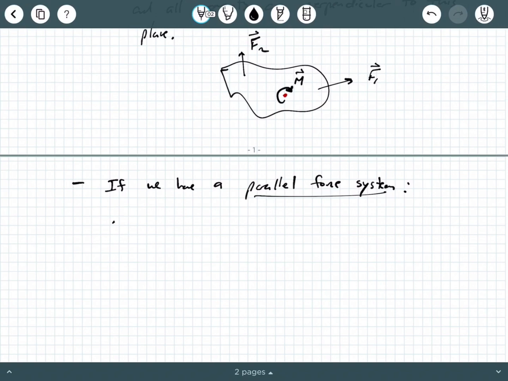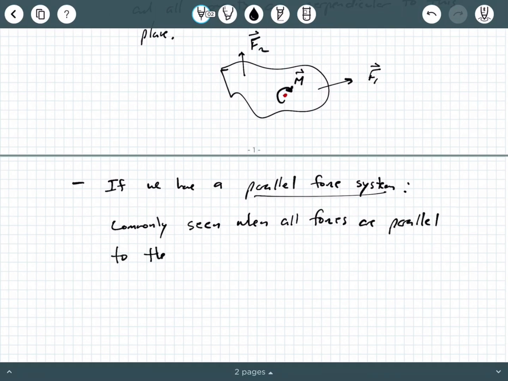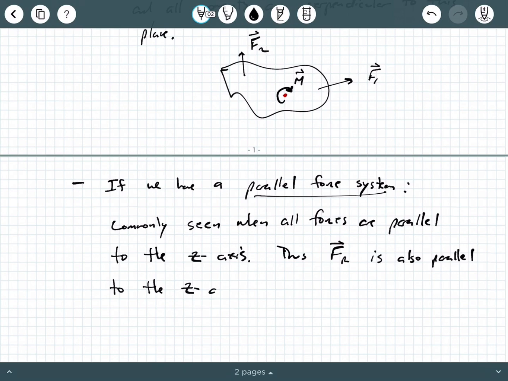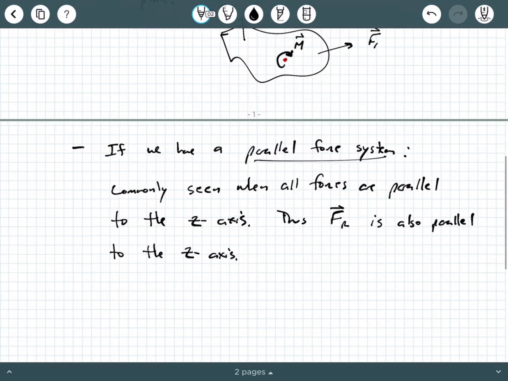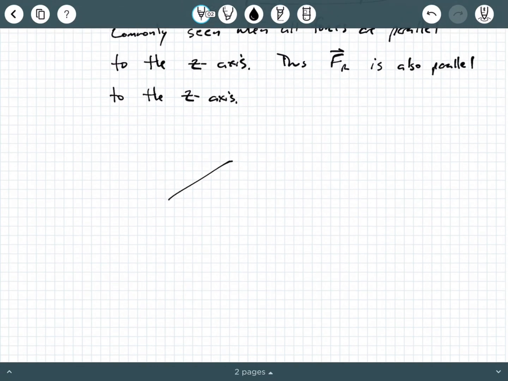In this case, this is commonly seen when all forces are parallel to the z-axis. Okay, thus the resultant force is also parallel to the z-axis. Okay, so in a case like this, I'm going to draw this in 3 dimensions.